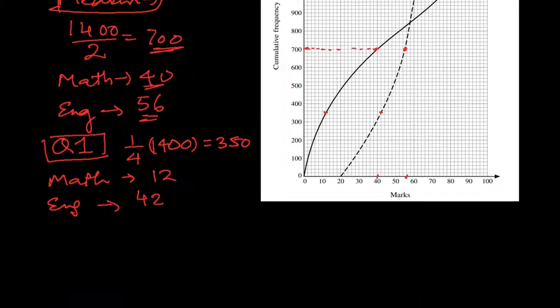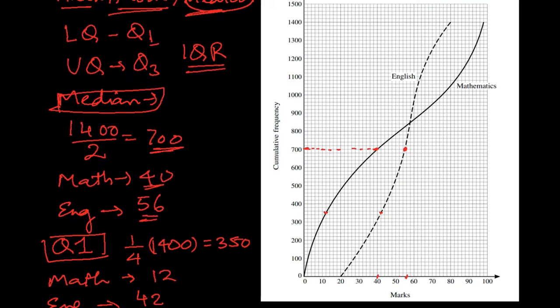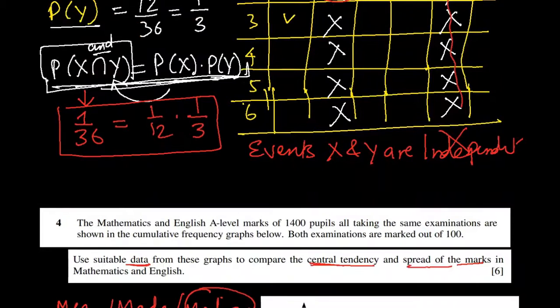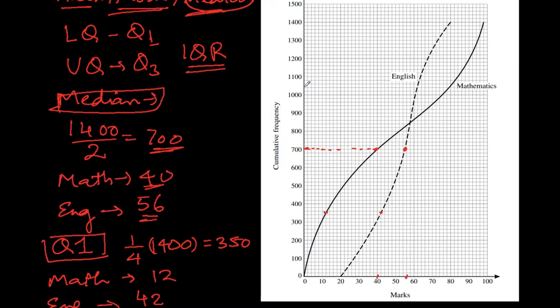Third thing, Q3, the upper quartile. For Q3, we will write 3/4 of 1400, which will be 1050. So we'll look at 1050 on the cumulative frequency axis. 1050 will be here.